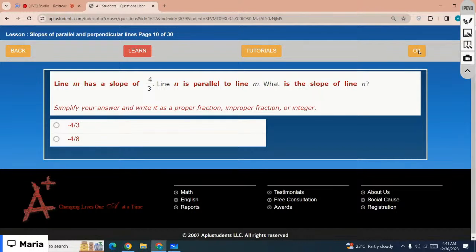Line M has a slope of negative 4 by 3. Line N is parallel to line M. What is the slope of line N? Which is the correct option?